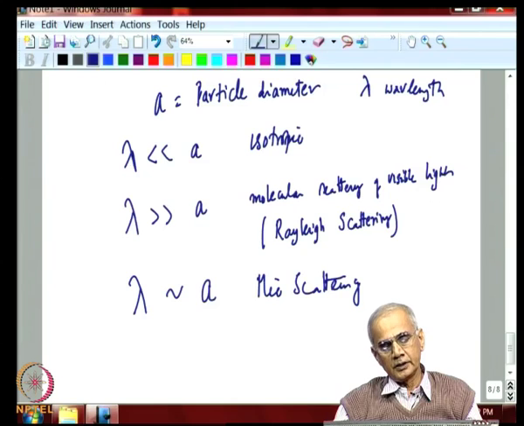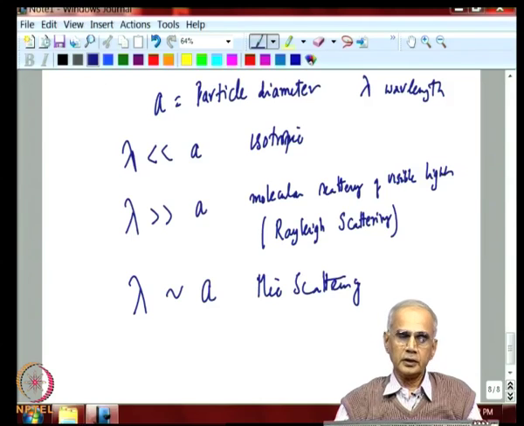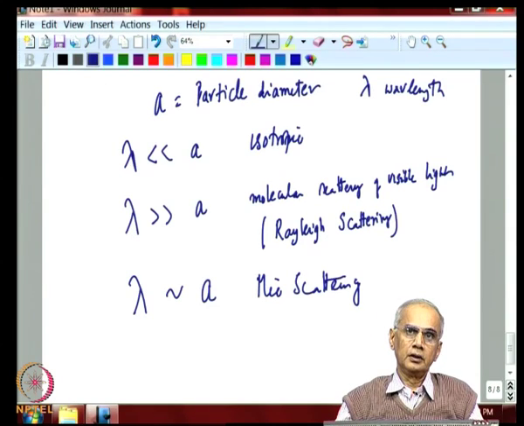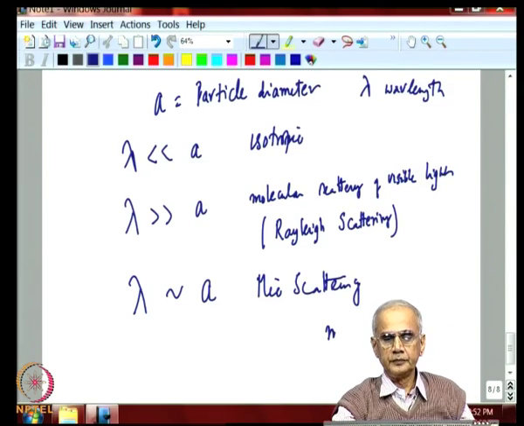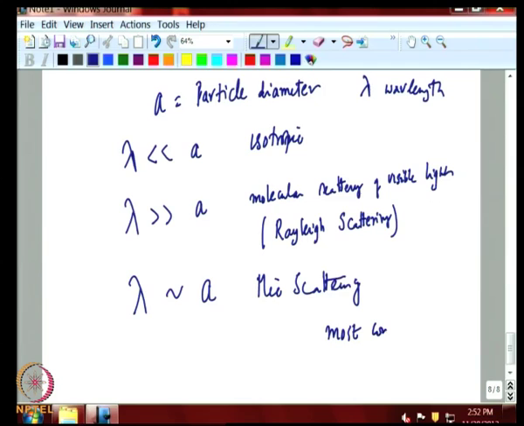But many cases that you encounter both in engineering and in the atmosphere are where the wavelength of the radiation is comparable to the size of the particle, in which case you have Mie scattering, which is the most complicated case, and this is most difficult to calculate.